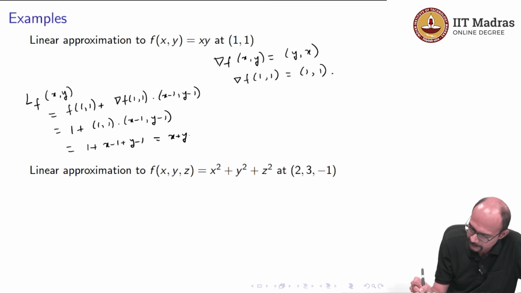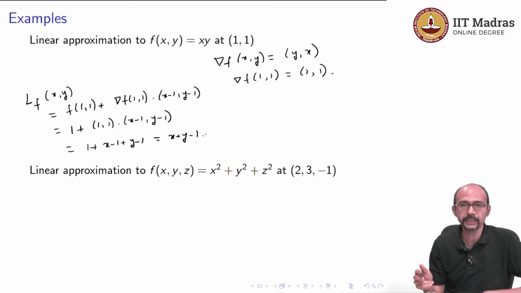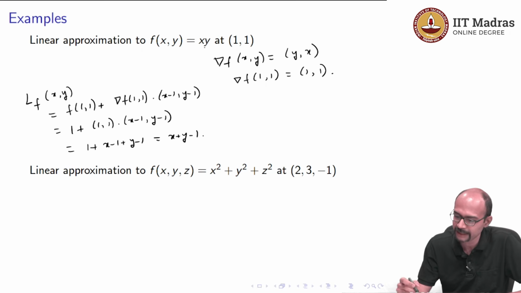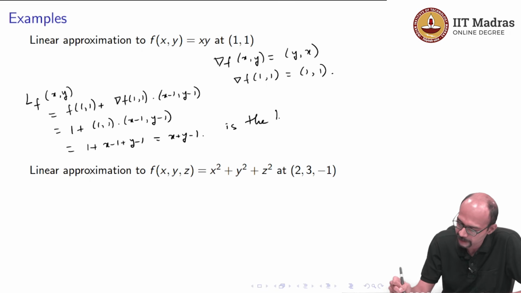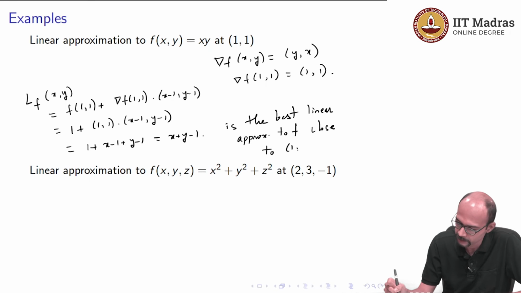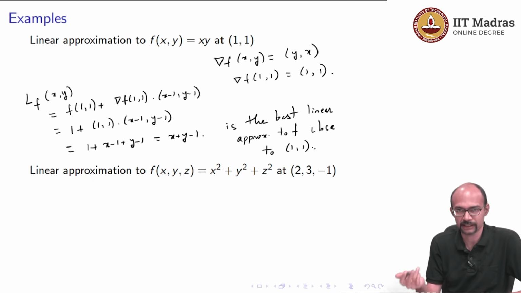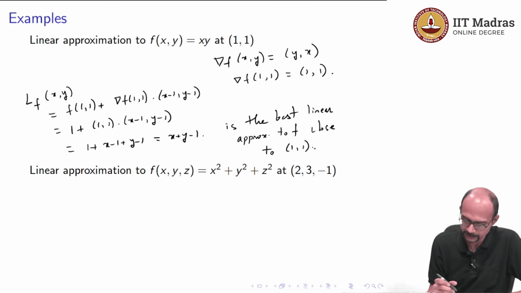So, this is x plus y minus 1. Now we are thinking of this as a function. If you take this function, it approximates the function x y. This is the function which is the best linear approximation to f close to the point 1 comma 1. Okay. So, if you change your point, the linear function will change.